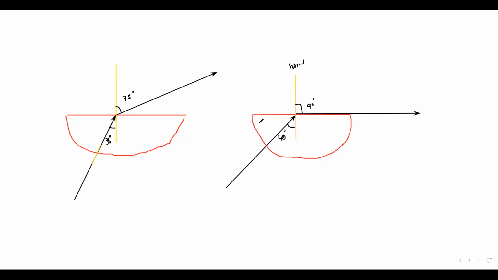So what is the critical angle here? 40 is the critical angle, because if the angle of refraction is 90, the angle of incidence is also known as the critical angle. So in this example, the critical angle is 40.